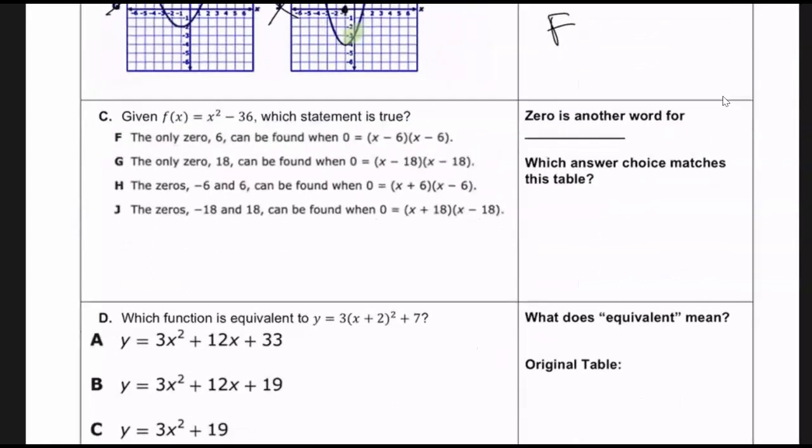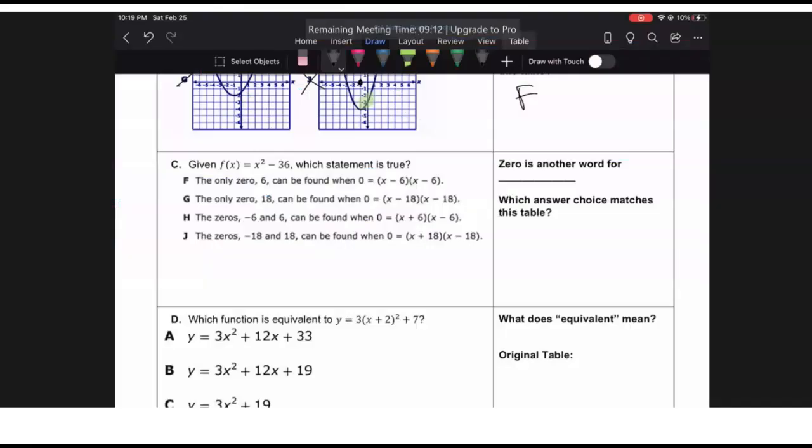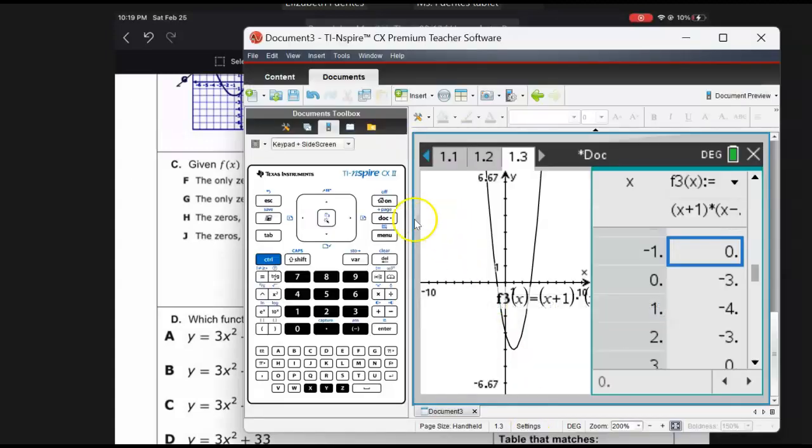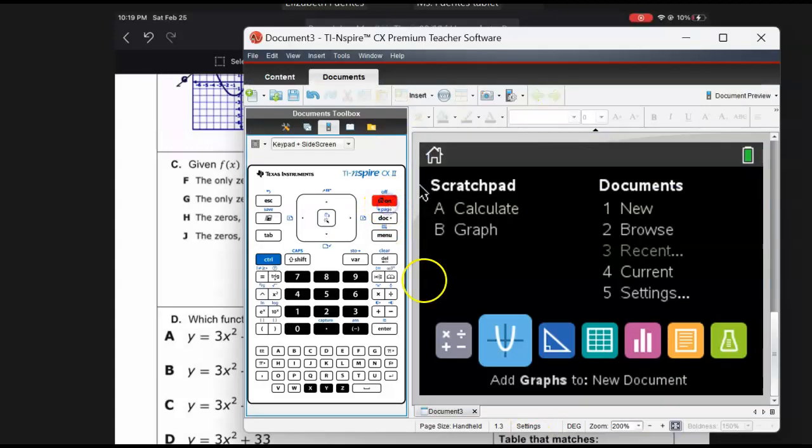So C says, given f of x equals x squared minus 36, which statement is true? So, same thing that we were doing before, we're going to get our calculator and we are going to table match, or graph match in this case.